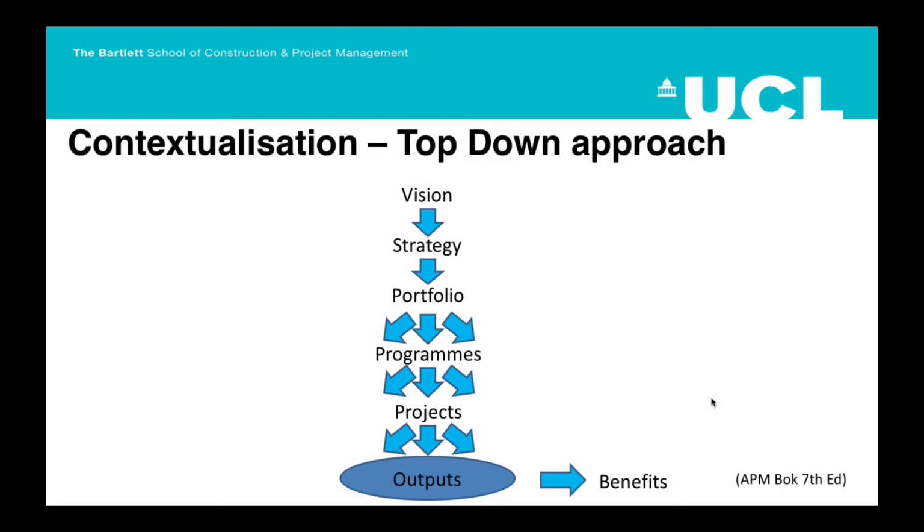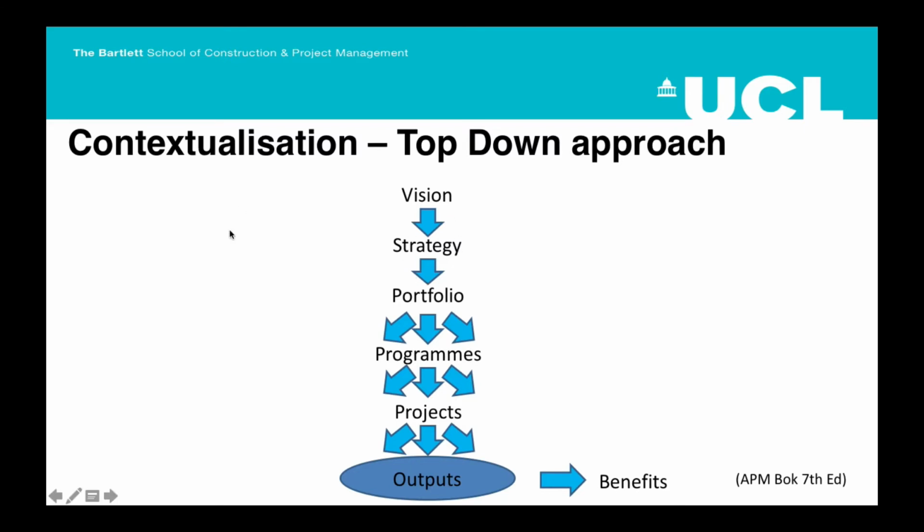And first of all, I would like to reinforce the point that the vision, the organizational strategy, must be aligned with the project outputs, so must be aligned with the project scope. Actually, if we follow this top down approach, the starting point is obviously the vision of the company, which is clearly connected with the strategy.